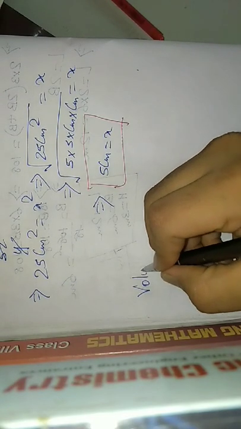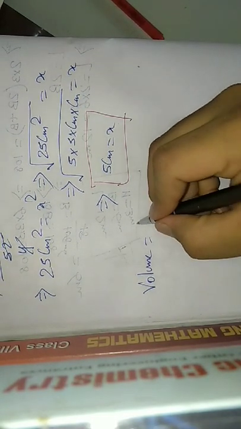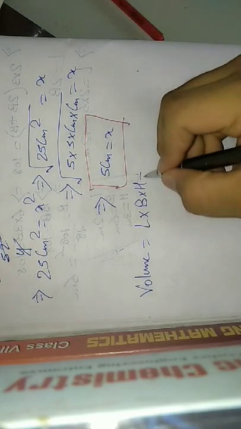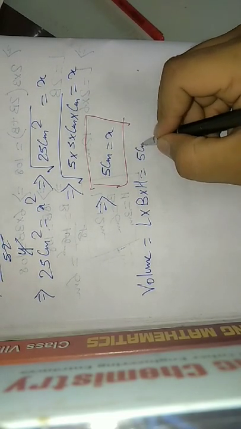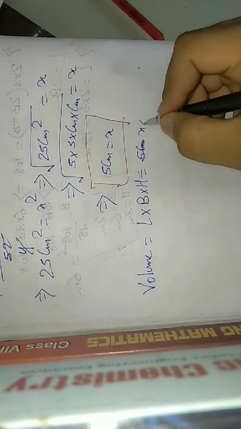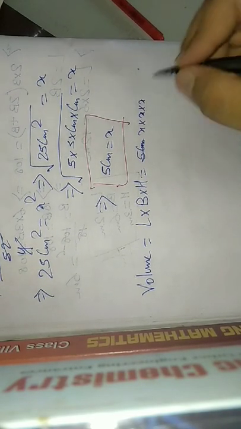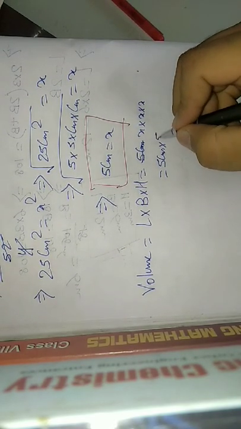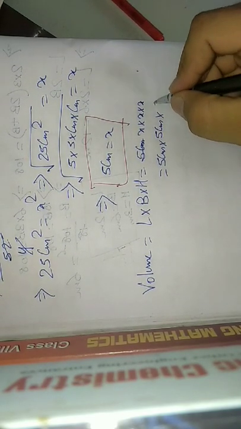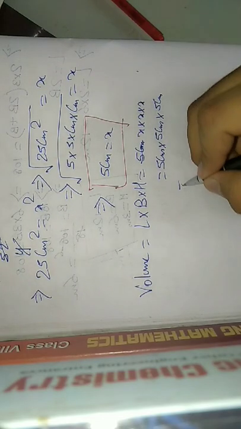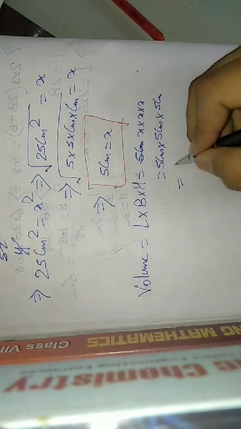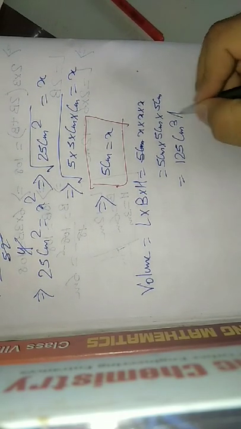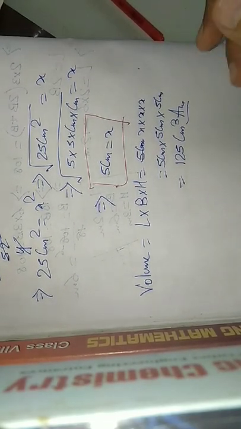Volume is equal to length into breadth into height, means x into x into x, which is equal to 5 centimeter into 5 centimeter into 5 centimeter. So 5 fives are 25, 5 twenty-fives are 125 centimeter cube is the answer, right? This is the final answer.